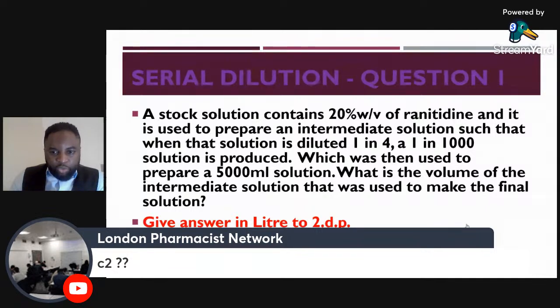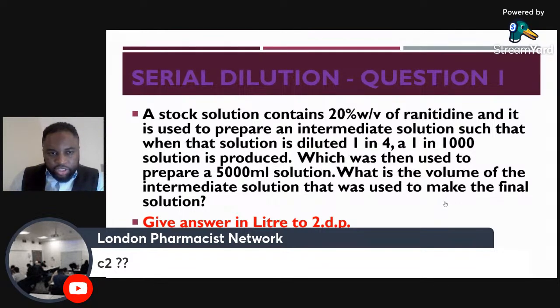In percentage weight per volume, of course. With C1V1, the concentration has to be in percentage weight per volume. So tell us in the comment section what you think the concentration of the final solution is.